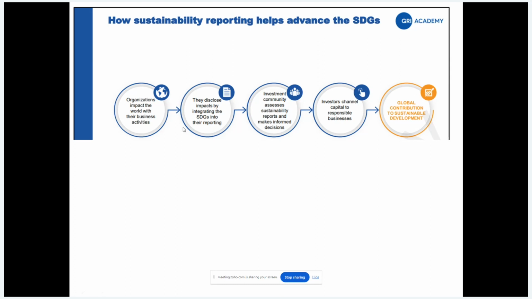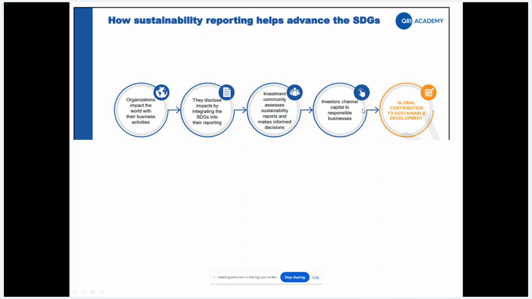Then the investment community assesses sustainability reports and makes informed decisions. So whenever an investment company wants to make an investment in a company, they will go through the sustainability report, and they can be assured that nothing will go wrong in the future, and that every possible uncertainty has been factored into their study and reporting.